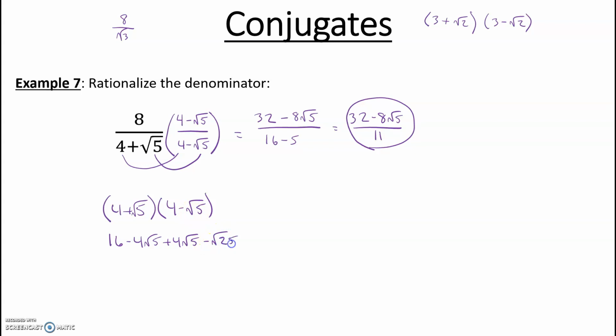I'll write that out just so you see it. And that's where this stuff cancels out. Negative 4 root 5 and positive 4 root 5 are going to cancel out. That's why you use the conjugate. So you have 16 minus 5, and that's what we already talked about. So just so you see it FOILed out, but like I said, the shortcut, you know it's going to be the first 2 and the last 2.